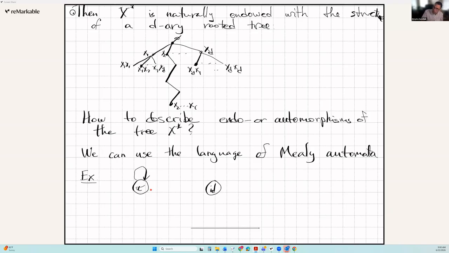These nodes are connected by edges, so basically this is an oriented graph, right? The edges are also labeled, and they are labeled by pairs of letters from X. In this particular one, let's say that this is 0, 1, this is 1, 0, this is 0, 0, and let's try another one, 1, 1.